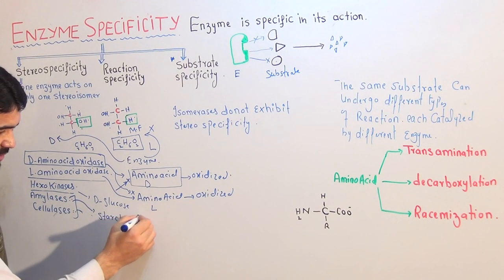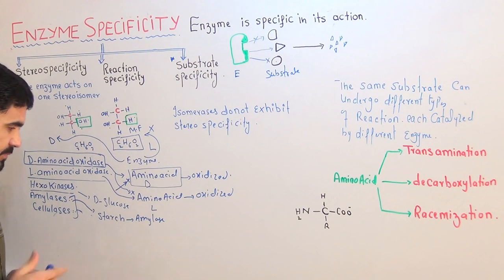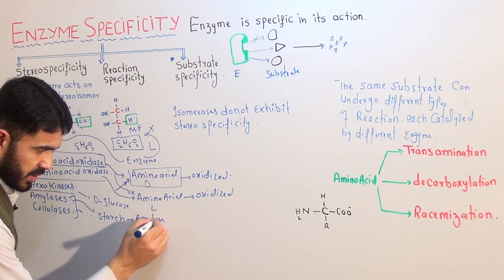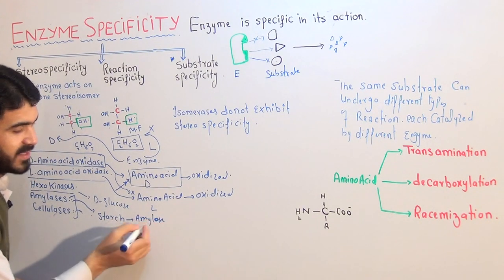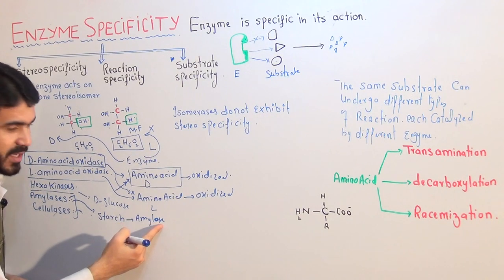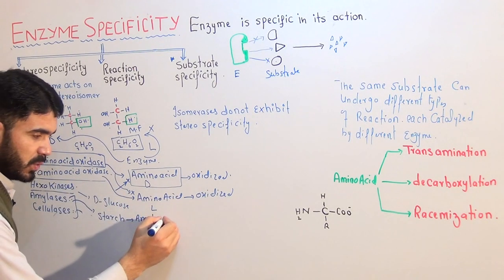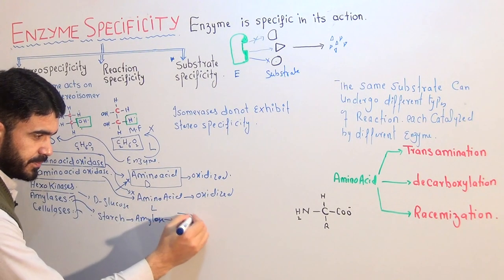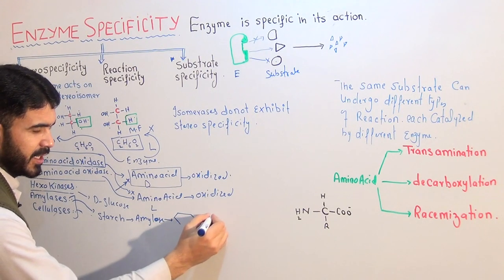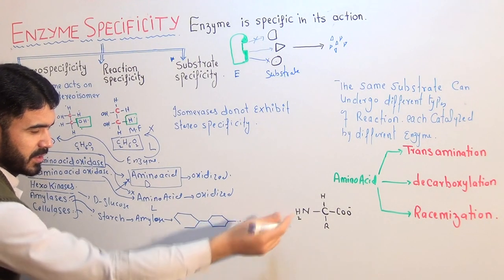The amylose starch. Starch is of 2 types: amylose and amylopectin. You know very well. It is amylose, not amylase, because amylase is the name of the enzyme, and amylose is the name of the substrate. So amylose contains many glucose units linked together.